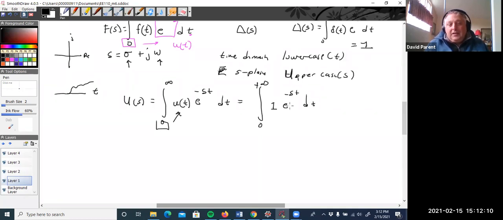And now you can begin to see that there's always a step function. All right. What do I need to have to make the derivative of the integral equal to the derivative? I need to have 1 over s. I need to have a minus. And of course, exponentials are always like that.